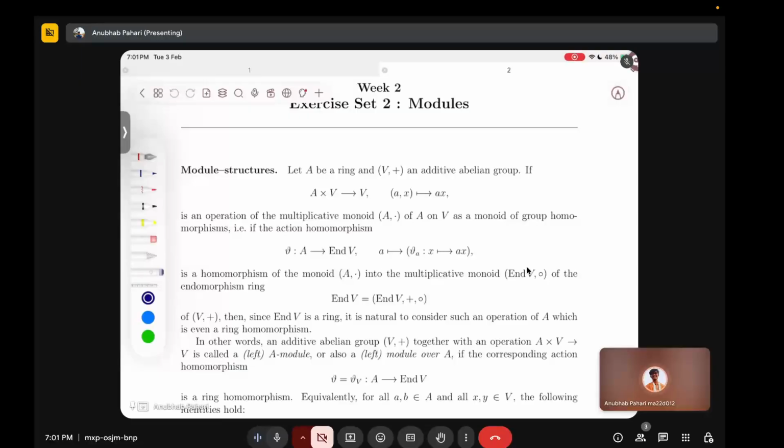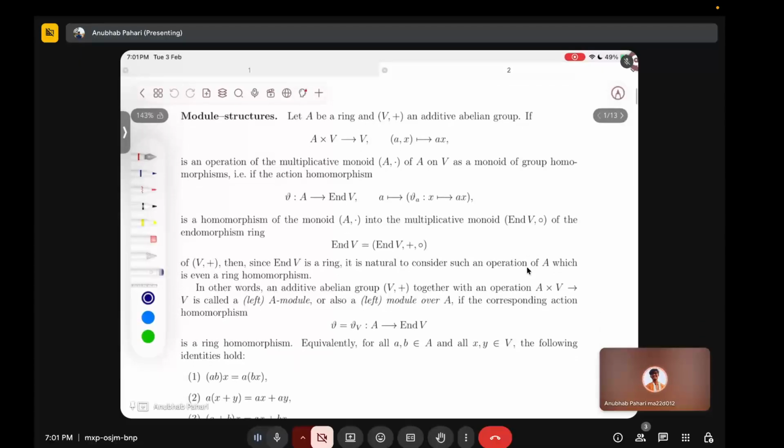That is, these elements of A give a homomorphism or endomorphism of V. This a goes to this φ_a, such that a going to φ_a is a homomorphism of the monoid into the multiplicative monoid End(V), with the operation of the endomorphism ring.